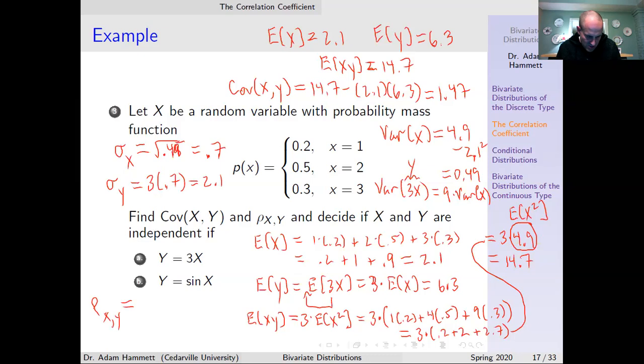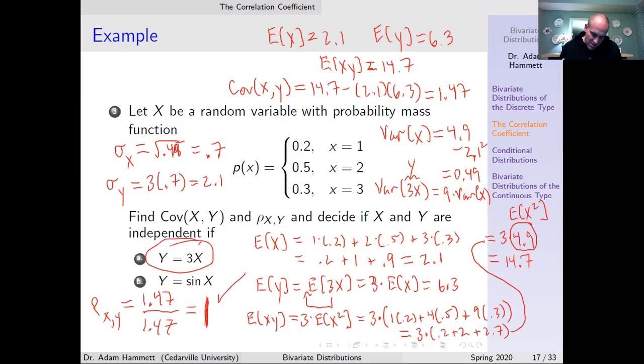So it's going to be 1.47 over the product of the standard deviations, 2.1 times 0.7. And lo and behold, guess what that is? 1.47, which is 1.